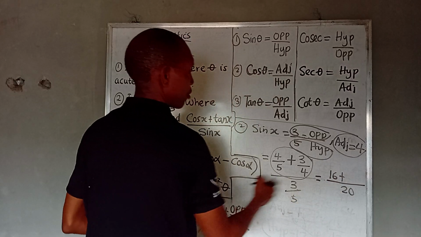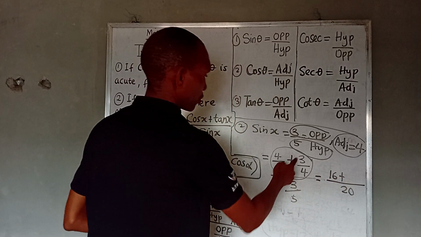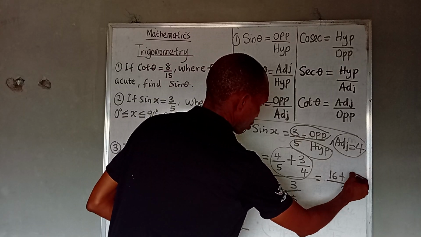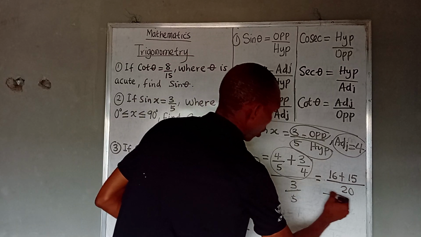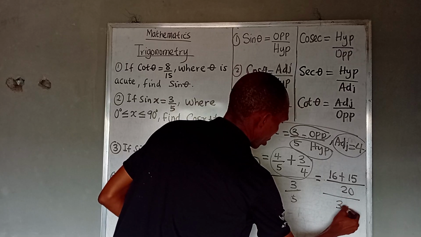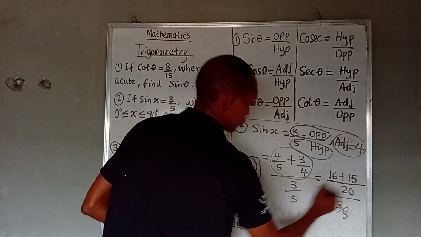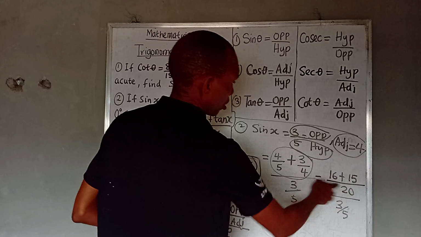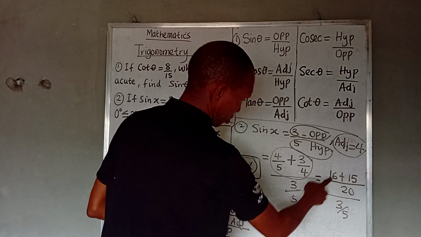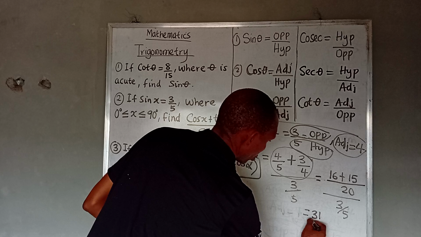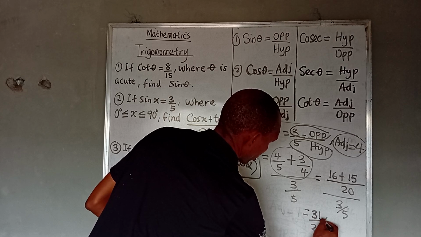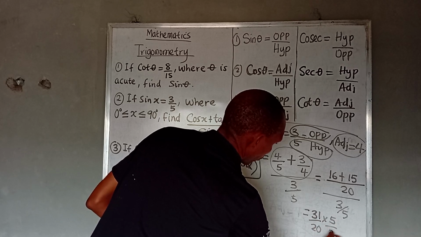Plus 20 divided by 4 is 5. 5 times 3 gives us 15. All over 3 over 5. 15 plus 16 gives us 31. So it means therefore that we have 31 all over 20 times 5 all over 3.